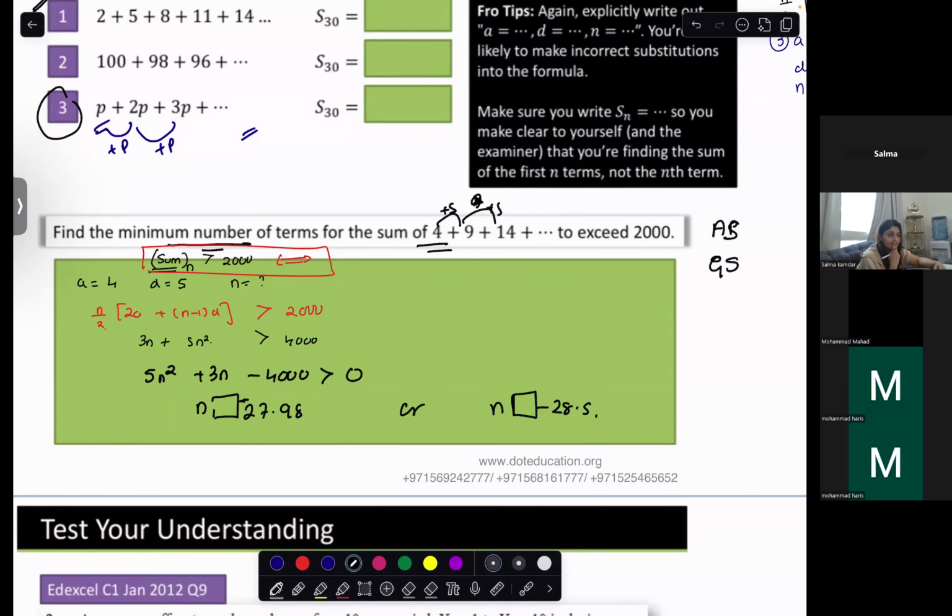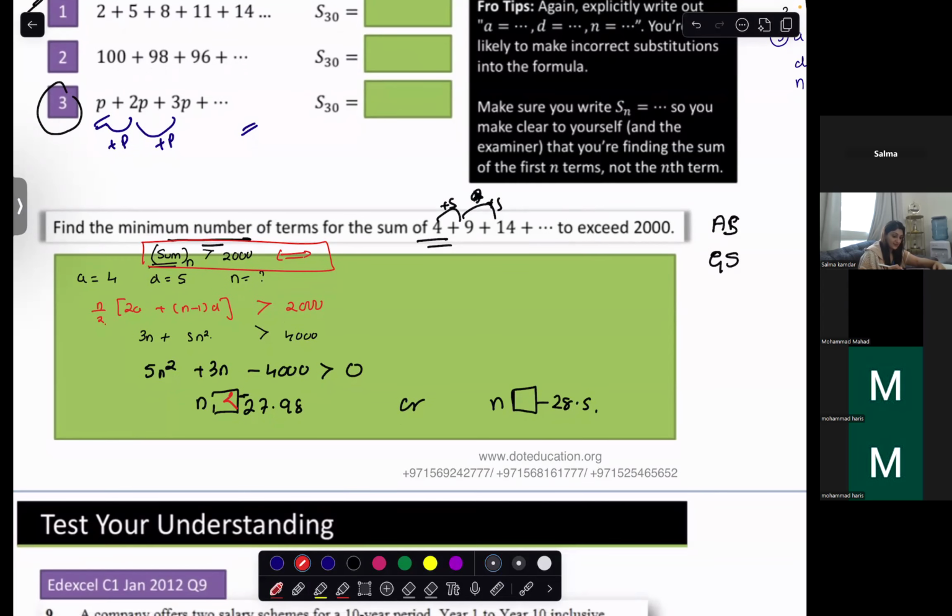If you're getting the value of n as negative, you flip the sign; if it's positive, you put greater. So n would be more than 27.98, but it would be less than 28.5.